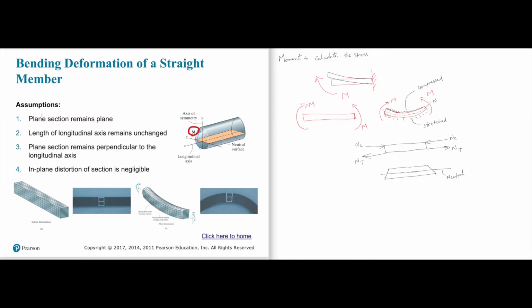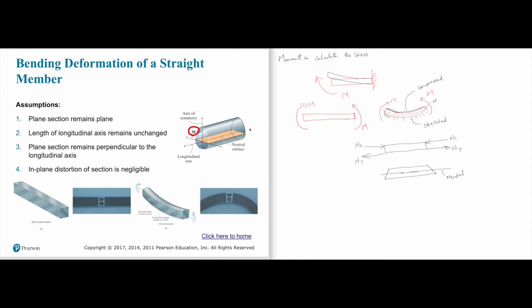Other assumptions we need to consider when we apply the theory: plane sections remain plane. They'll not become curved or bent. The length of the longitudinal axis remains unchanged.